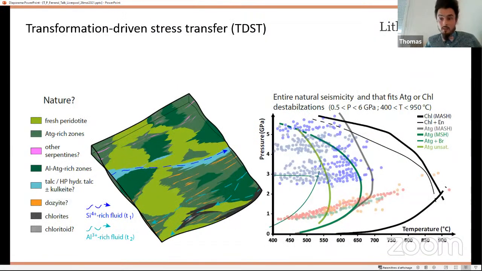And this is partly due to the fact that when you change a little bit the composition of the minerals, you don't have the same minerals anymore, and you don't have the same stability limits. And there are many minerals whose stability limits we don't know really well, and there are also minerals that we don't know yet and that probably exist at depth.